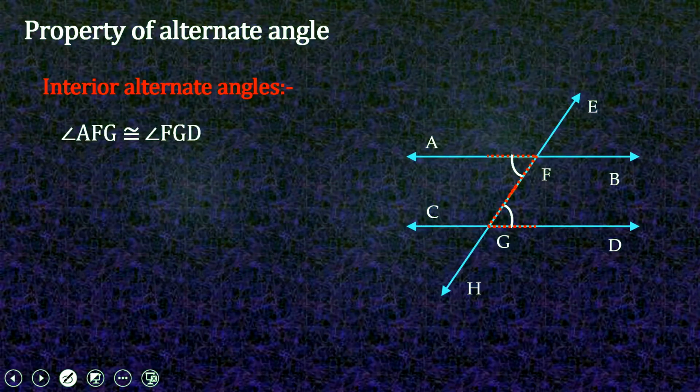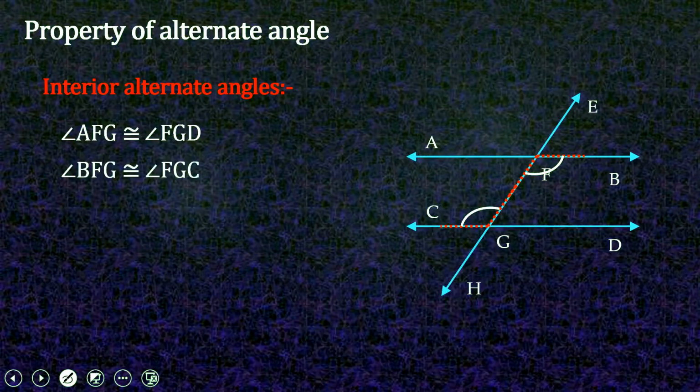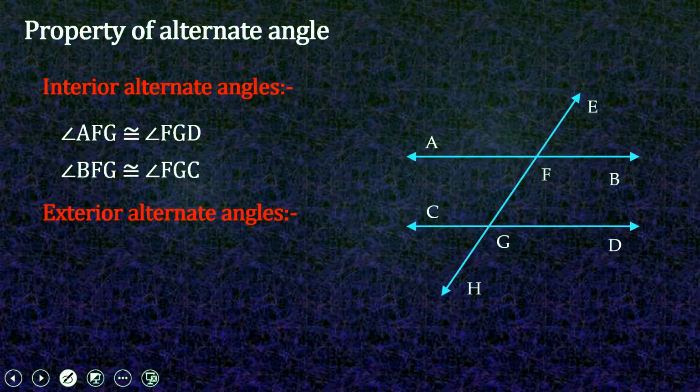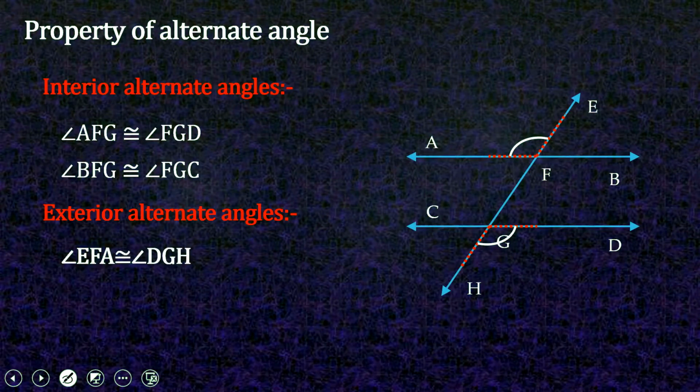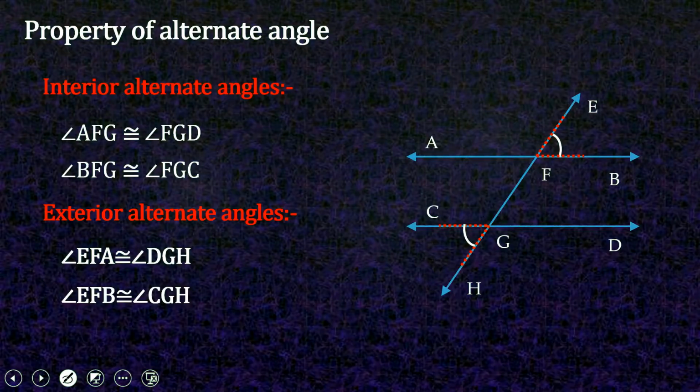Angle AFG is congruent to angle FGD. Angle BFG is congruent to angle CGF. Next is exterior alternate angles. Angle EFA is congruent to angle DGH. And angle EFB is congruent to angle CGH. Okay, so these were the alternate angles.